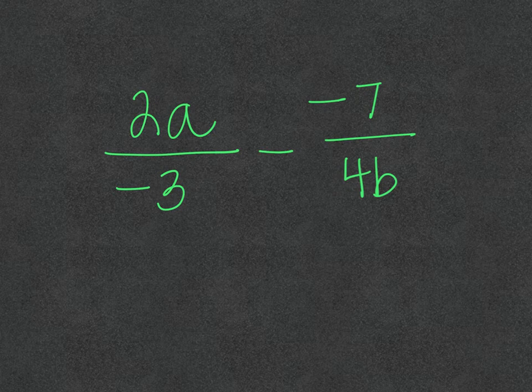So the Zorro method comes in very handy so that you're not having to find a common denominator between -3 and 4b. You can simply do step 1, this times this, step 2, this times this, step 3, this times this. And if you then want to keep a subtraction sign in the middle, you could do that instead of keep, change, change.